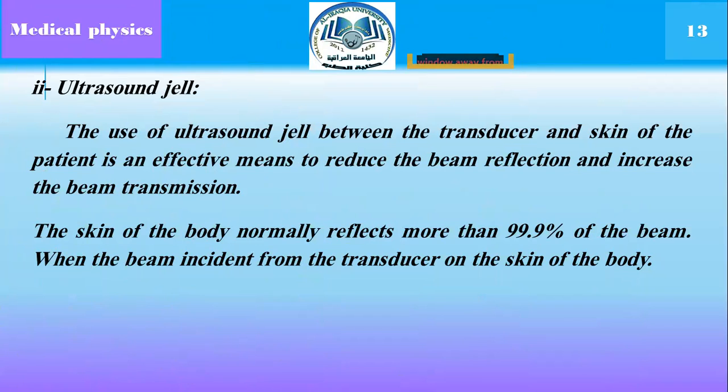Second, ultrasound gel. The use of ultrasound gel between the transducer and skin of the patient is an effective means to reduce the beam reflection and increase the beam transmission. The skin of the body normally reflects more than 99% of the beam when the beam is incident from the transducer on the skin of the body.